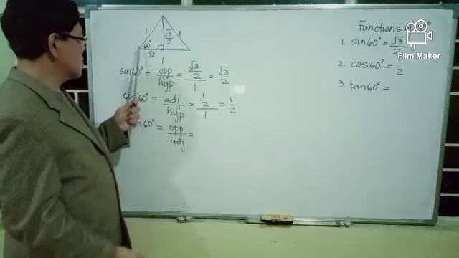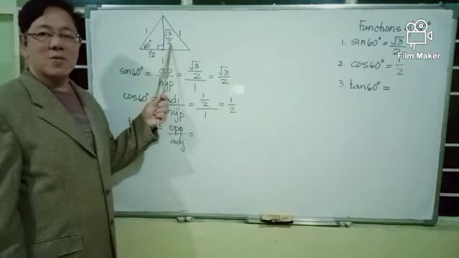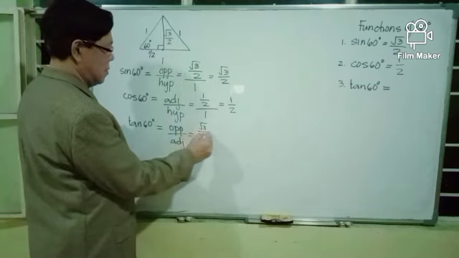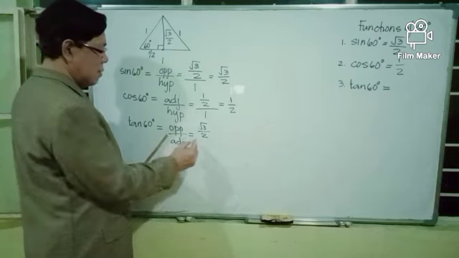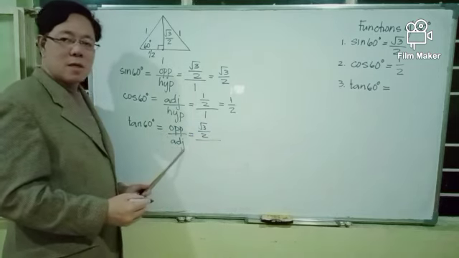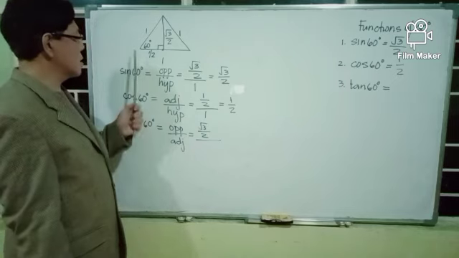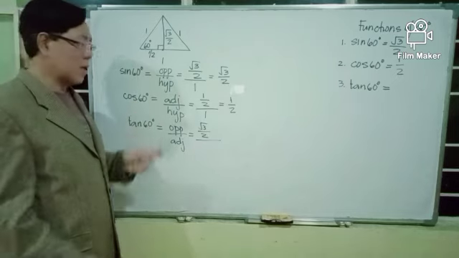The side opposite 60 has a length of square root of 3/2, divided by the length of the side adjacent to 60 degrees, which is 1/2.